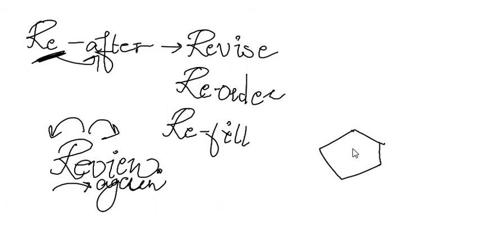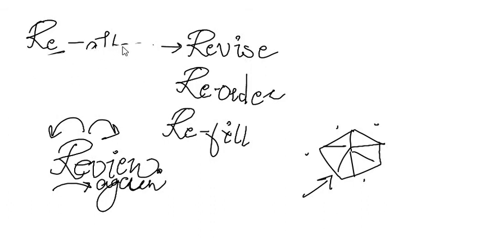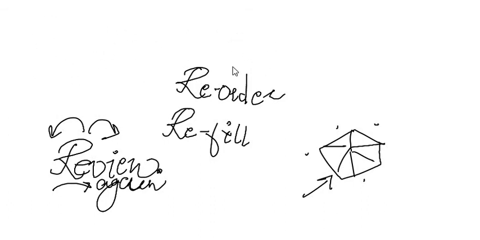Okay, suppose this is a diamond you have got. Just excuse me for my drawing. And you will again tell how much weight this is, what the price is, etc. Okay, so re means after, or again, you can say, right? So let's just erase it and then we will do the next word.